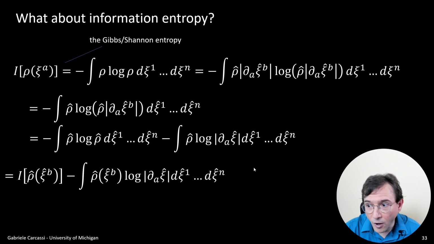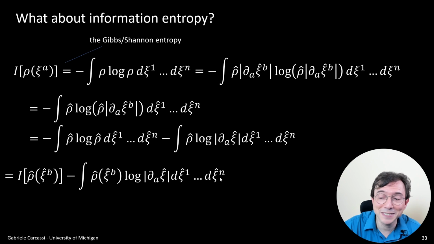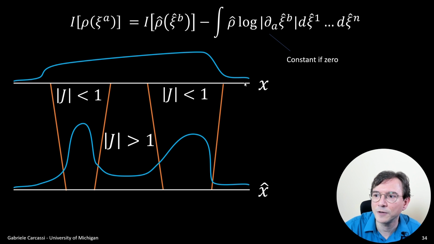If you want to pause and see how the math works, essentially you have a logarithm of a product, which becomes the sum of two things, and the other Jacobian gets absorbed by the variables, right? So this is a standard result of how the information entropy changes through changes of variables, and therefore also through Hamiltonian evolution.